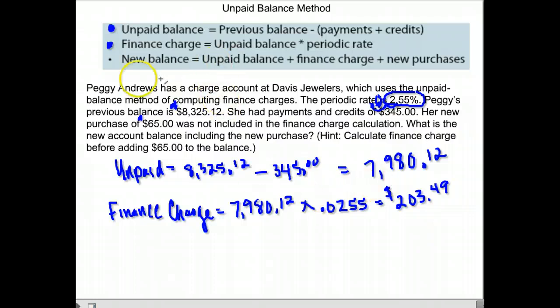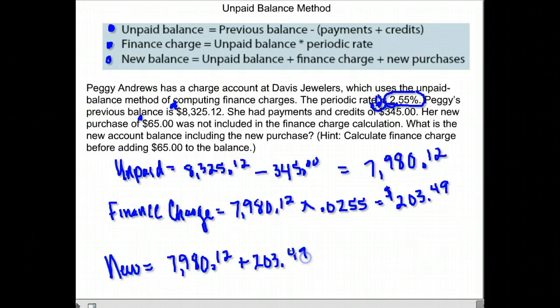Okay, now we can find our new balance. So for the new balance, we were supposed to take our unpaid balance, which we found out was $7,980.12. We're supposed to add the finance charge, which was $203.49. And we're supposed to add any new purchases, which it said she had $65 in new purchases.